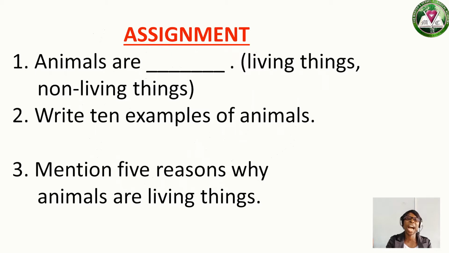Now let's go to the assignment. Please, you must do this assignment very well and submit it. You know the right place to submit it. Number 1, animals are dash. Pick your answer from the bracket: living things, non-living things.